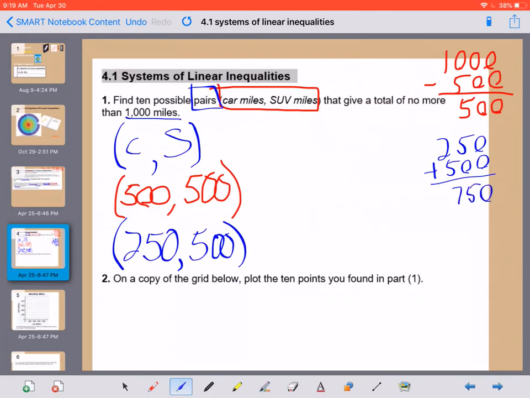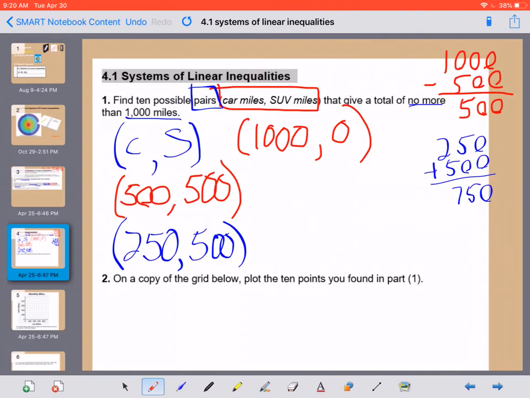Now that's not 1,000, but remember what the question is asking you. It says gives a total of no more than 1,000 miles. So you could do anything below 1,000. You could even do 1,000 car miles and 0 SUV miles. You're still driving 1,000 miles, just this time you're just driving the car, not the SUV.